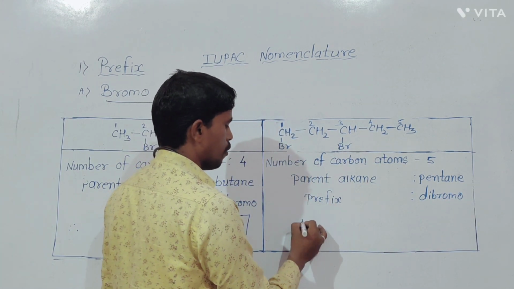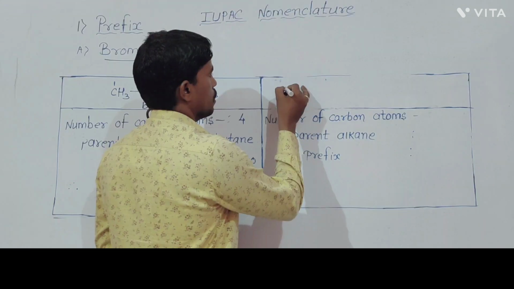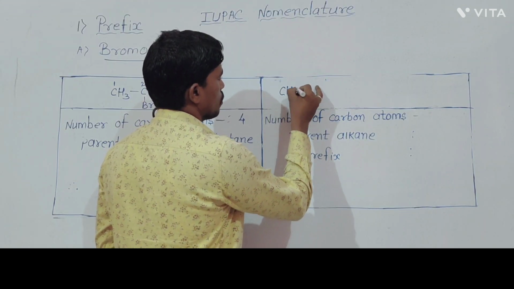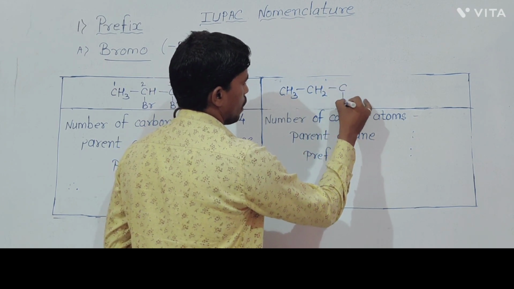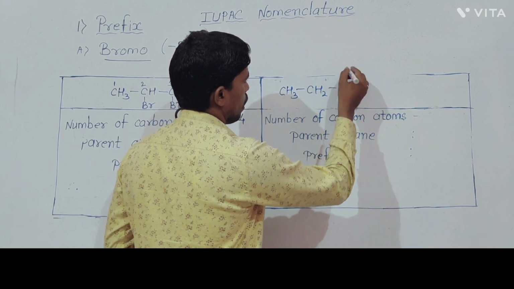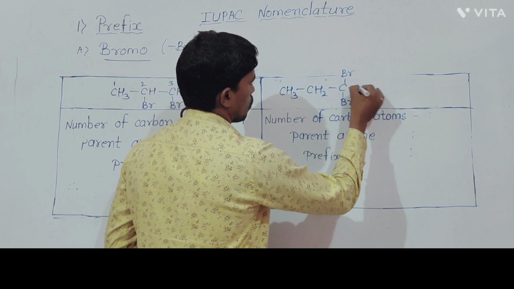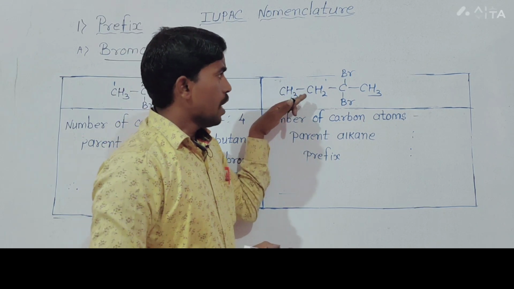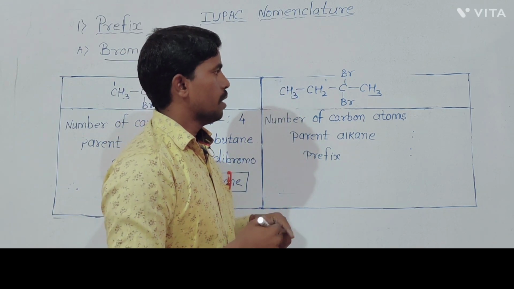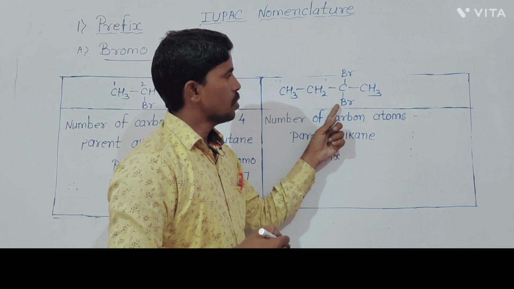After this, the name of this compound becomes, that is CH3, CH2, C, this is the Br and this is the Br, CH3. So start the numbering from the terminal carbon atom which is closest to the substituent.